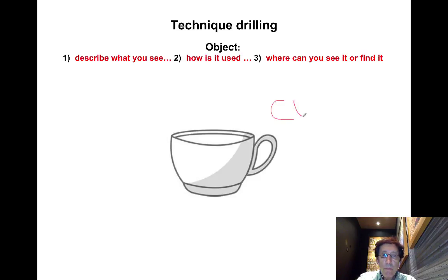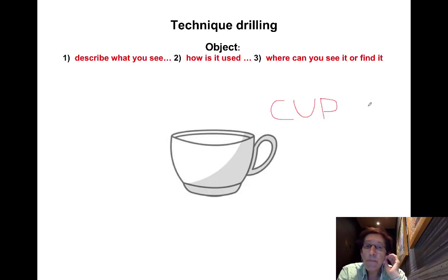I see an object which is made from glass, and it's also a container. We can put water, liquid, tea, extra.